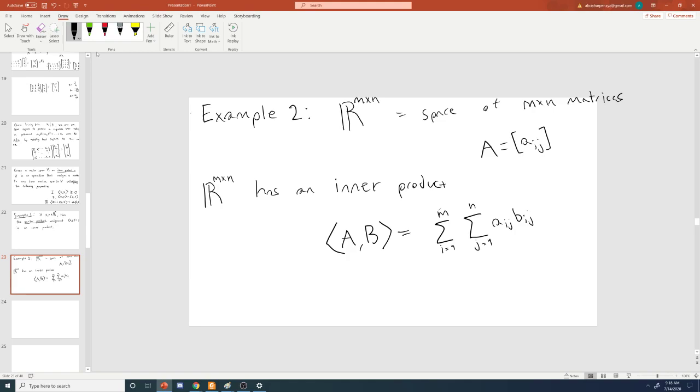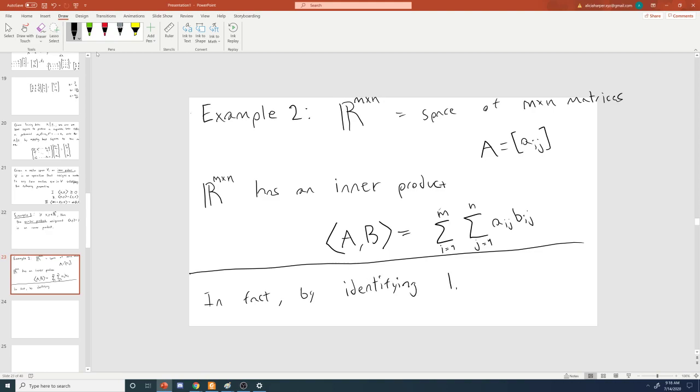In fact, by identifying R m times n with R mn, this is just the standard inner product, or the scalar product.